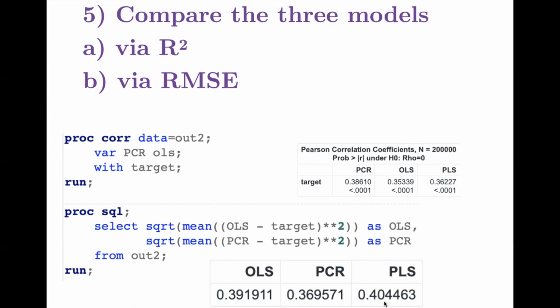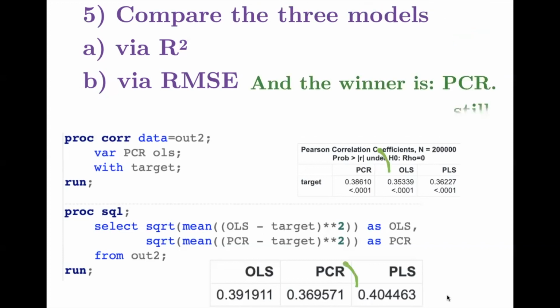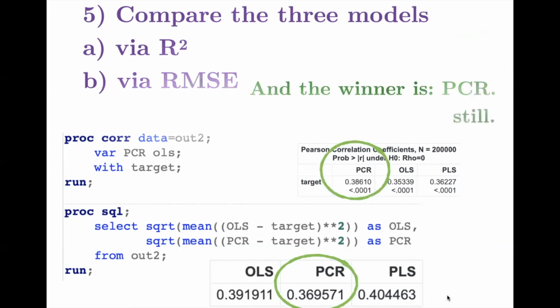And it actually has a larger error than OLS when we look at root mean squared error on the test data. So interestingly enough, it's got a better R squared, but a higher root mean squared error. So really nothing definitive there except that, you know, PCR is still the winner.